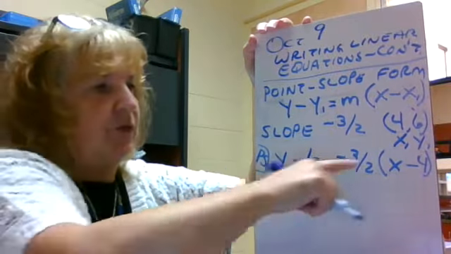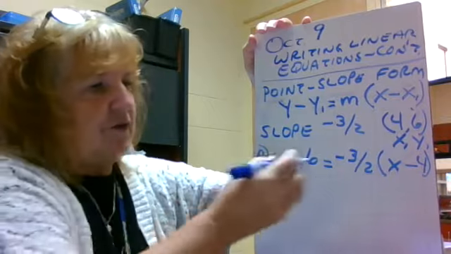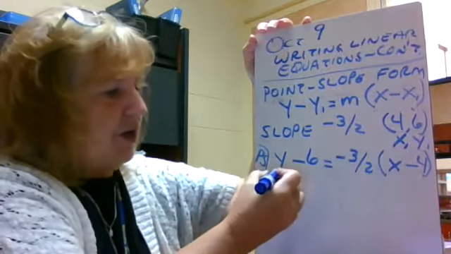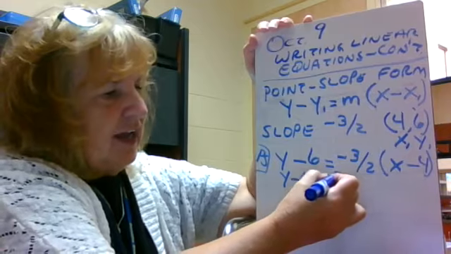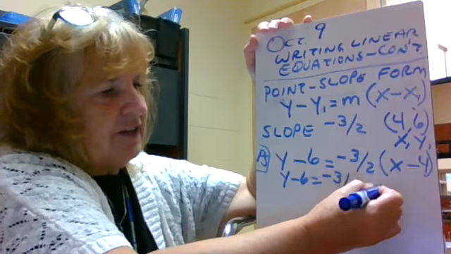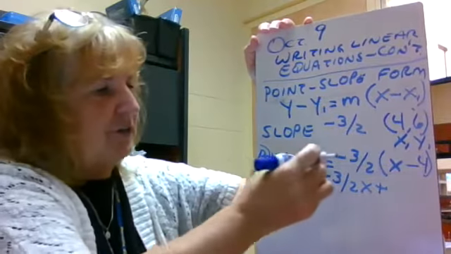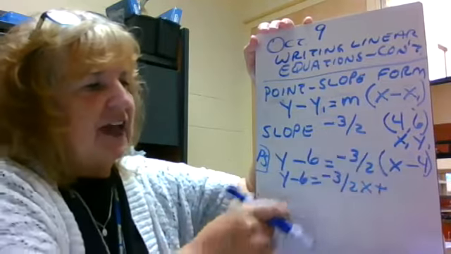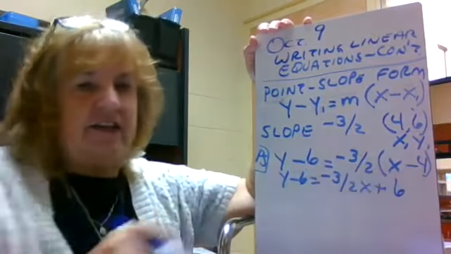That means you have to rewrite this problem and get the y by itself. So the first thing you do is distribute. So I get y minus 6 equals -3/2 x plus, and again, make sure you know how to multiply fractions, but -3/2 times -4 is a positive 6.